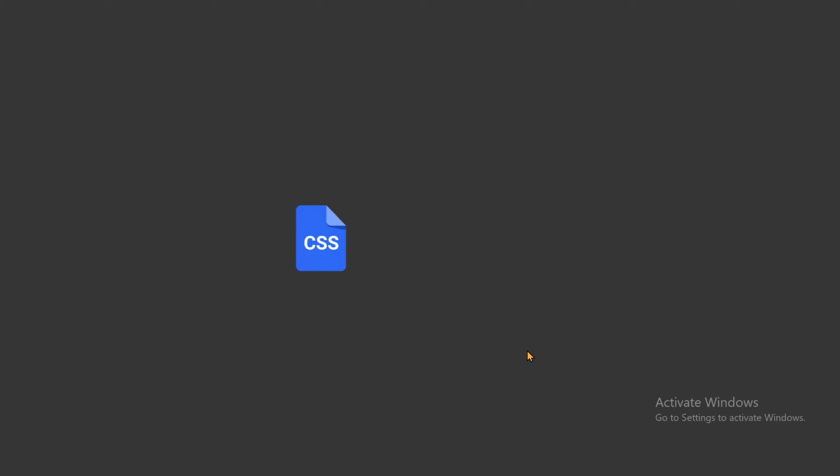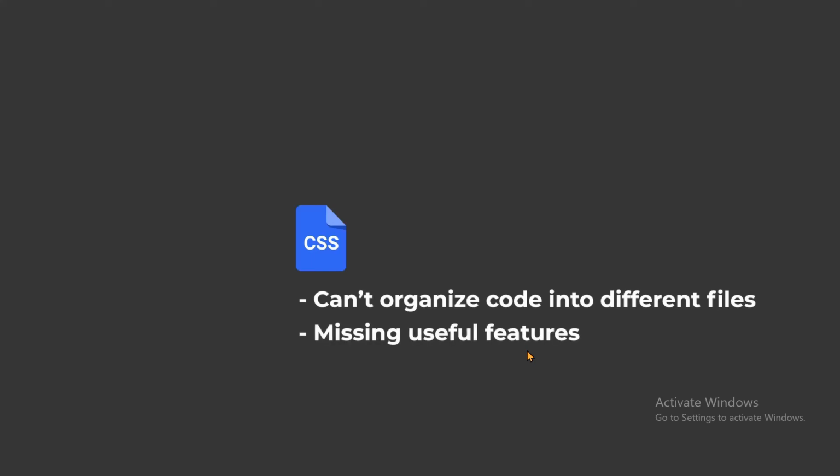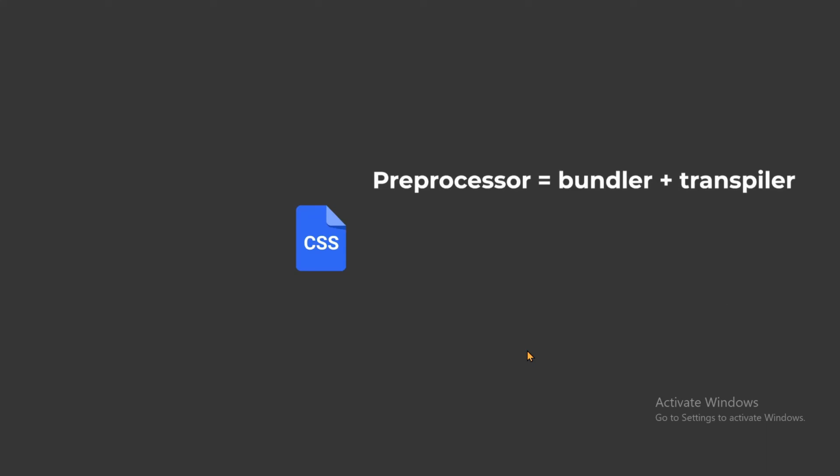Now we will move towards CSS. CSS is a language with the same problems as JavaScript. We can't organize it into different files, and CSS is missing a lot of useful features, so we also use a bundler or transpiler for CSS, and the special name is CSS preprocessor. It's basically a combination of a bundler and transpiler.